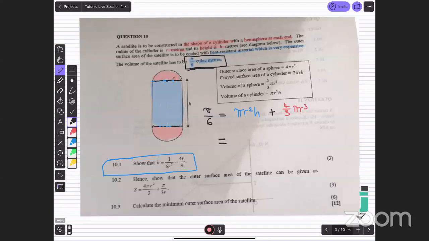You take the volume of the sphere over to the other side. We divide by pi first. Yeah, you can divide by pi, so you get 1 over 6. Then what next?